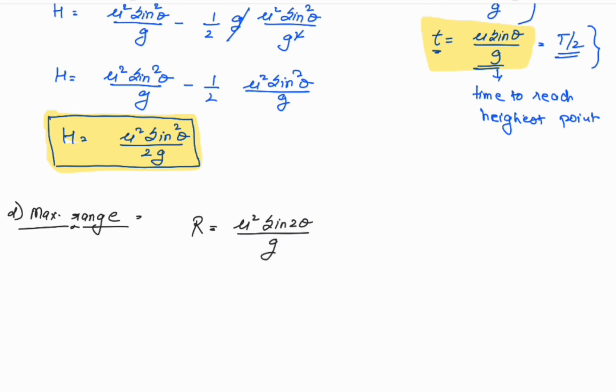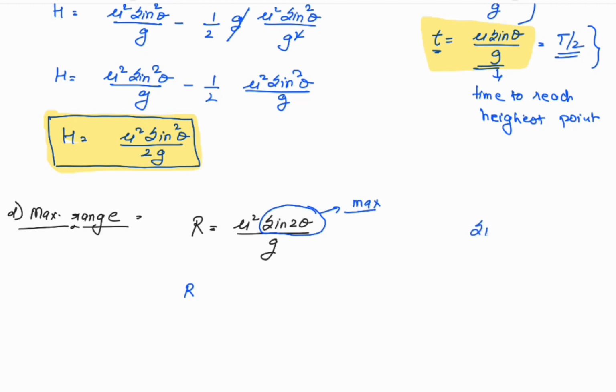This is the formula for the range that we have calculated. For what value of this term will we have a maximum range? If this value is maximum, it means we will get the maximum range.